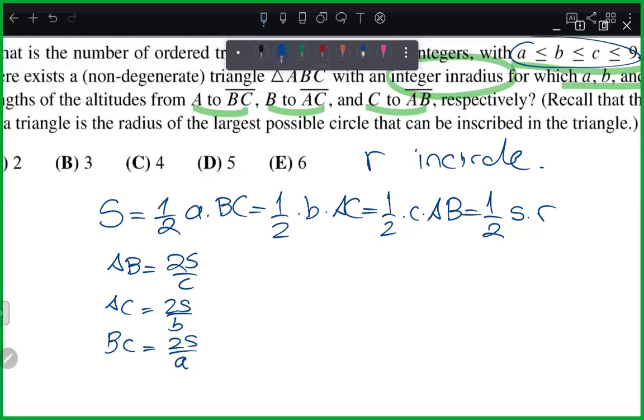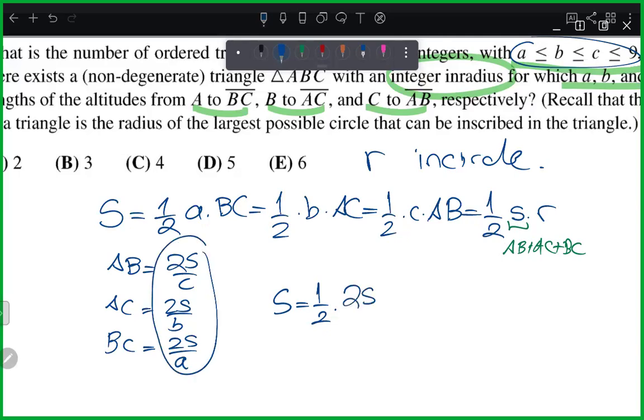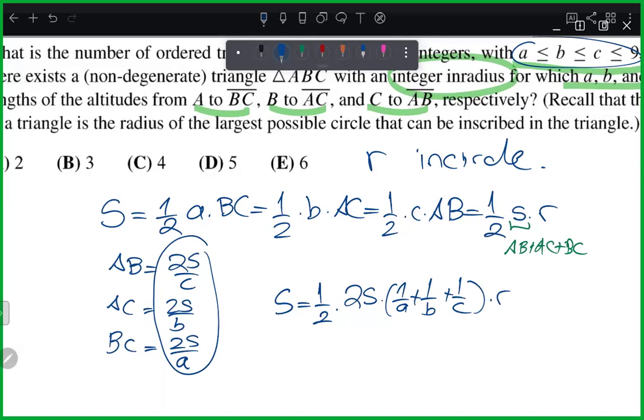Okay, and then writing the perimeter, which is AB plus AC plus BC, and setting the areas equal to each other, we get S equals 1/2 times (AB plus AC plus BC) times R. We can pull out 2S, so this is 2S times (1 over A plus 1 over B plus 1 over C) times R, which is the area.